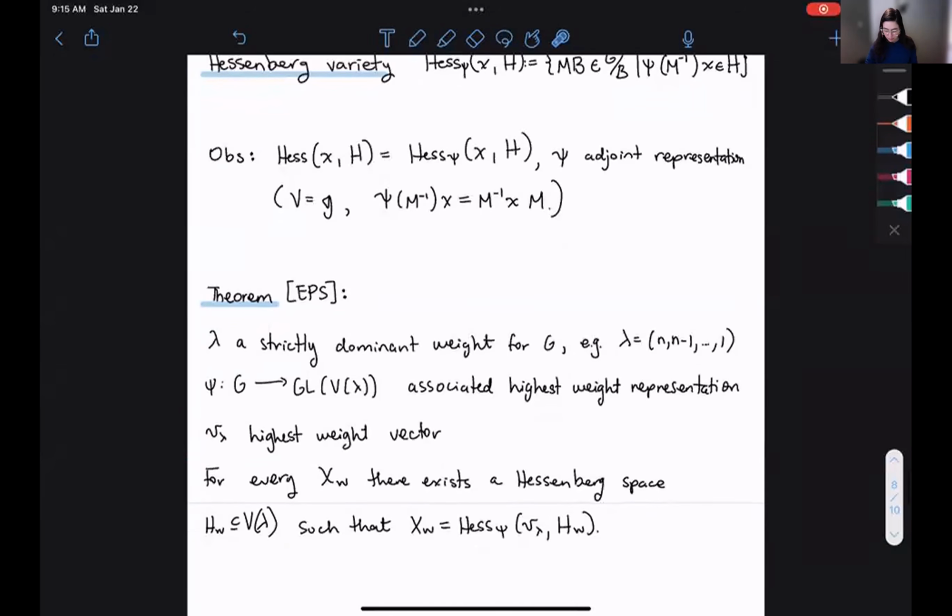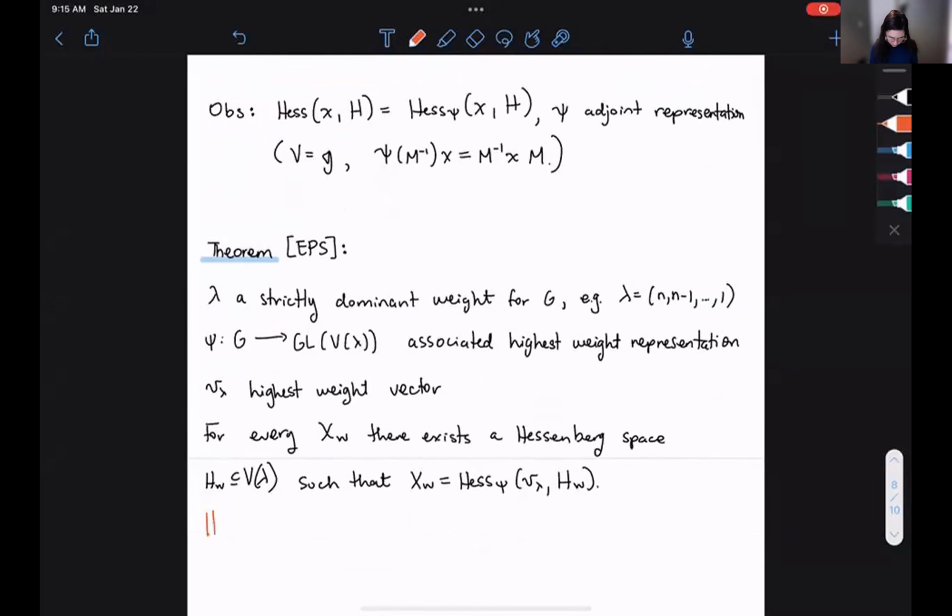Now, what is this H sub W? This is something that is very classical from representation theory. This is called the Demazure module. Basically, it's a B-module generated by some element.